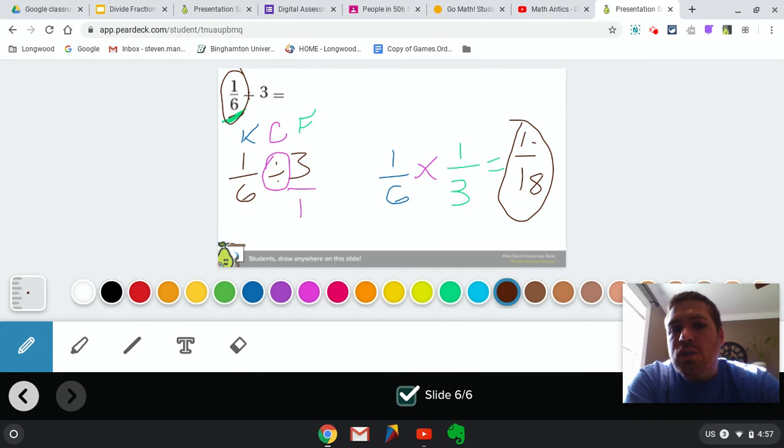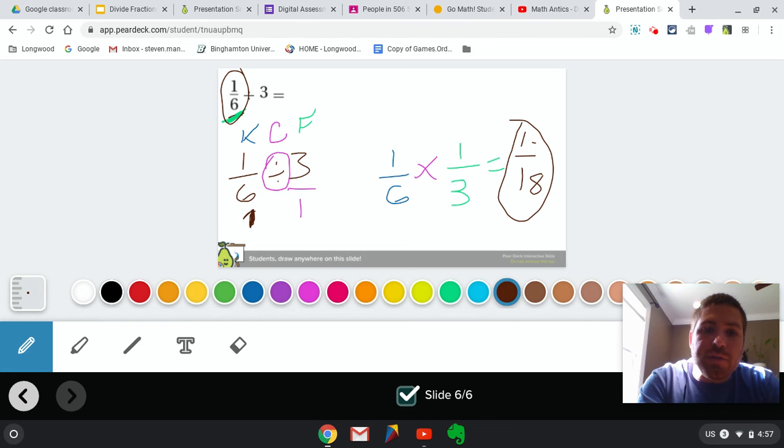All right, guys. So just make sure that you are doing it in this specific order. It has to be the first fraction that stays the same, whether it's a whole number or a fraction, the first one. Right here, this first one is the one that stays the same, okay? So our dividend is staying exactly where it is.